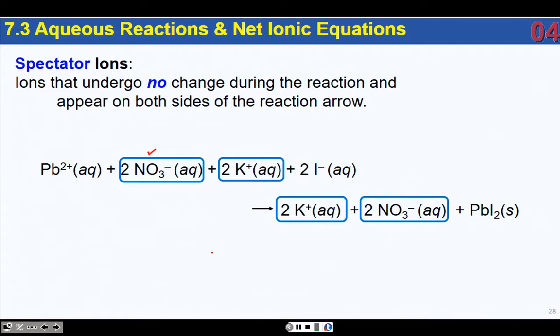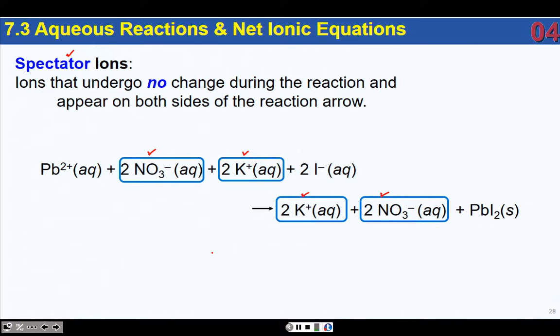One was a reactant and one was a product. In other words, it shows up exactly the same in the product as it was to begin with. It hasn't changed. And the potassium ions the same way. There's 2 potassium ions that are aqueous to begin with and 2 potassium ions that are aqueous as the product. So all of those things are spectator ions in this reaction. They have no chemical change in this process.